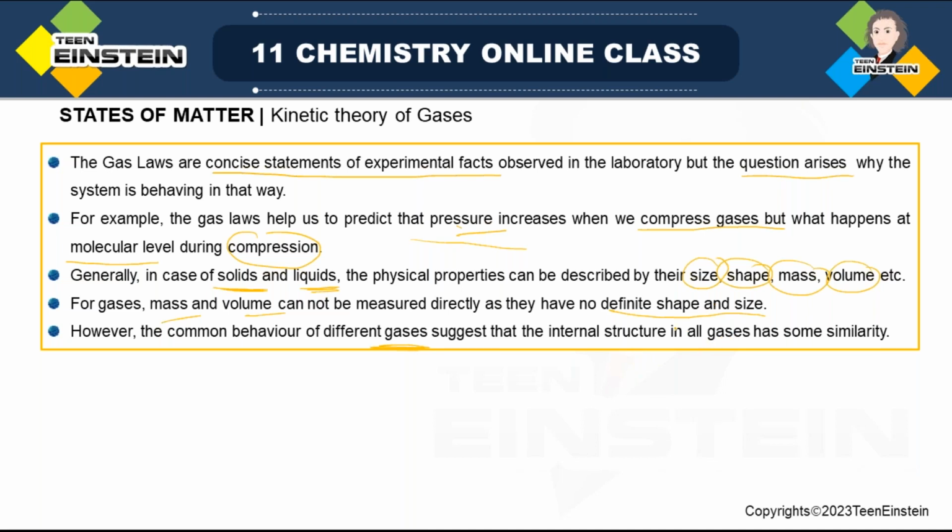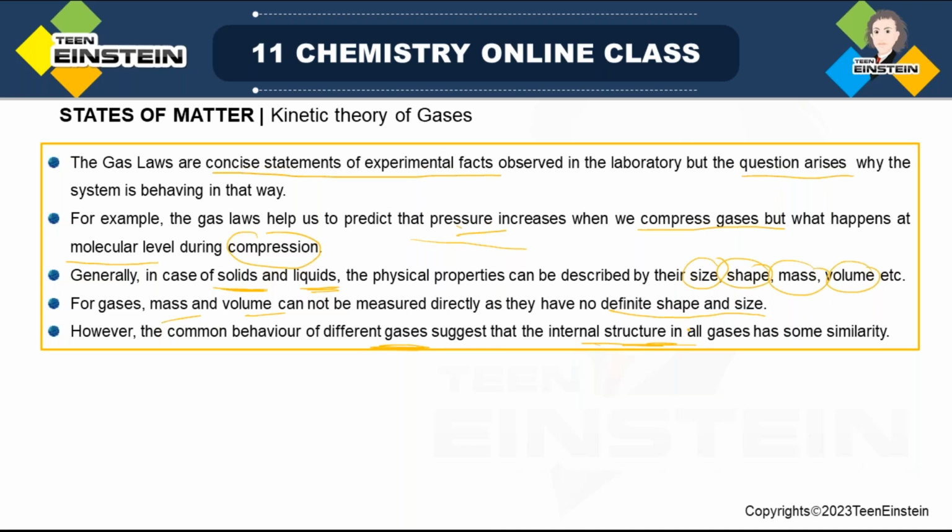So it proves that in the internal structure of all the gases there must be some resemblance. If there were no such resemblance, we could not have all these gas laws based on experimental laboratory observation. This type of common behavior, on the contrary, you will not find for solids and liquids. It is true that for solids and liquids you can easily find the physical properties, shape, size, mass, all these are fixed.